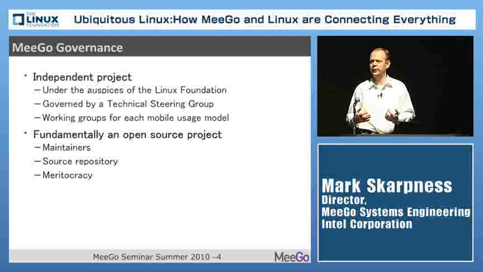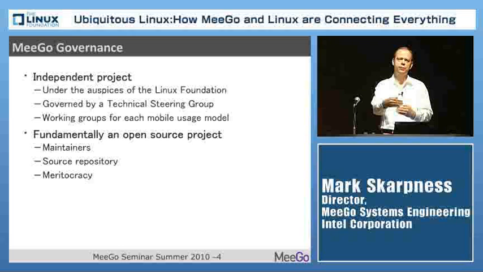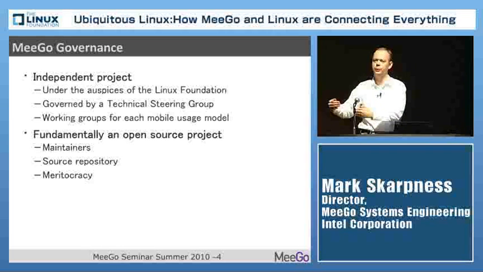So we're very interested, for example, if you have a strong requirement that you think MeeGo needs to do this to be successful in the market. That's valuable input, and we really want that. What we would like even more is for you to come and say, MeeGo needs to do this to be successful in the market, and here's my contribution to get that started. So there's value in both of those.